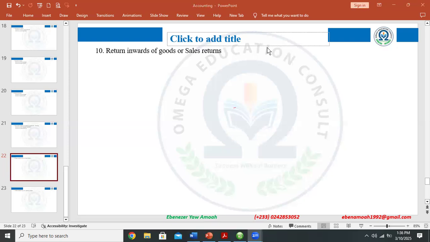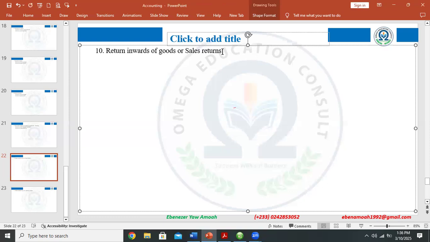Okay. So return inwards are the goods customers, right? That refers to the goods returned, or let me use brought back, to the business by customers.